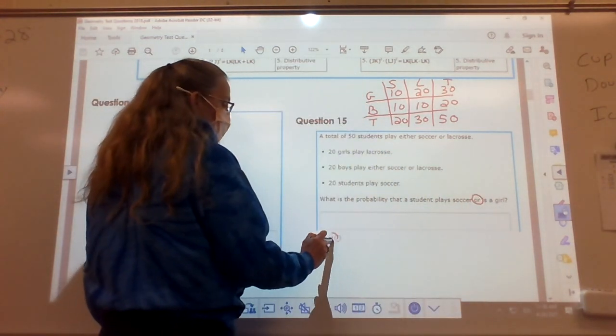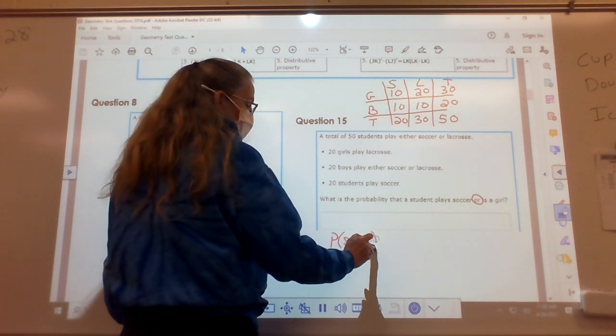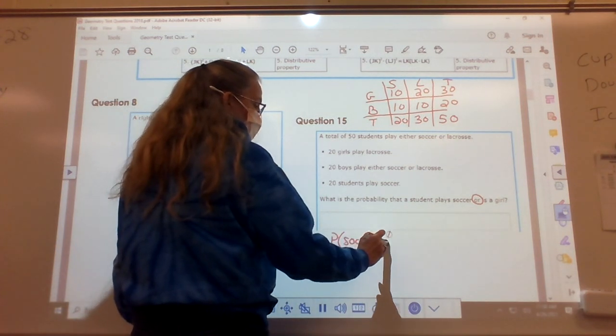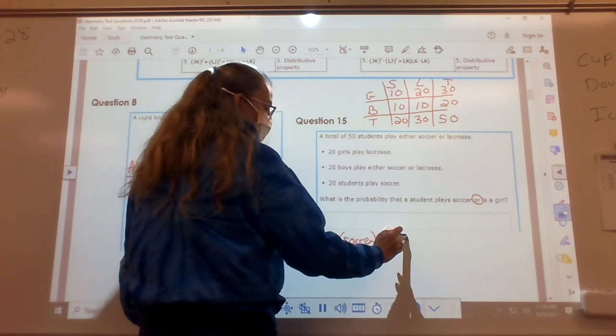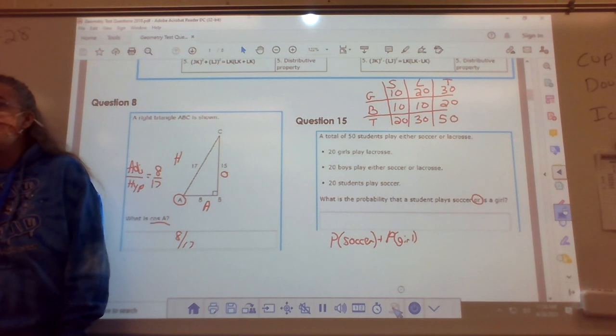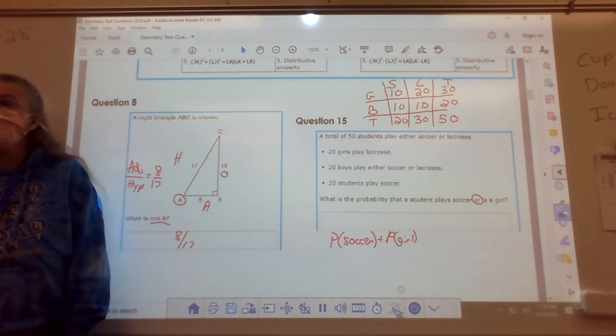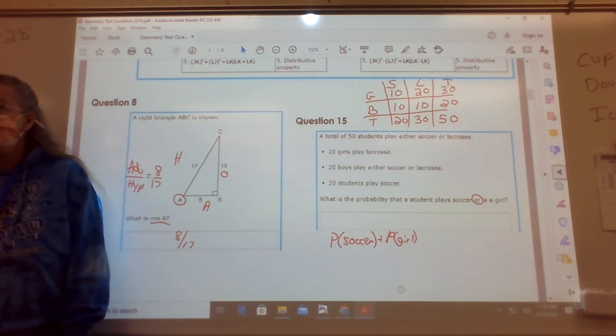So I have to take the probability of soccer plus the probability of girl. Now, is there an overlap on this one? Could I possibly have students that are in both the soccer and girl category? Yeah.